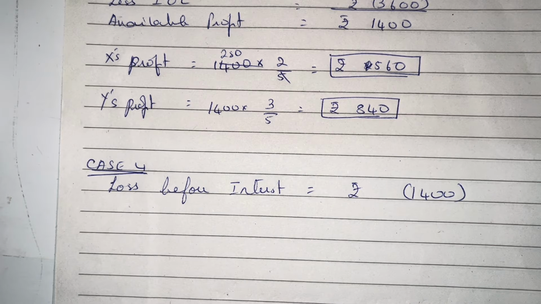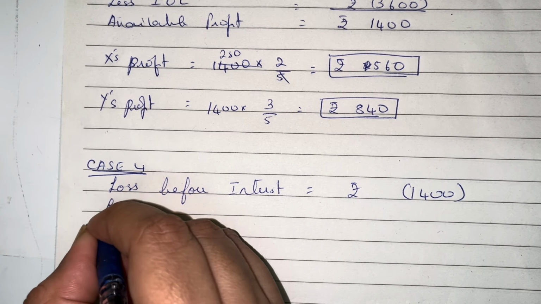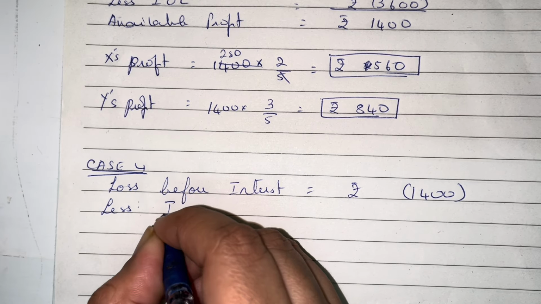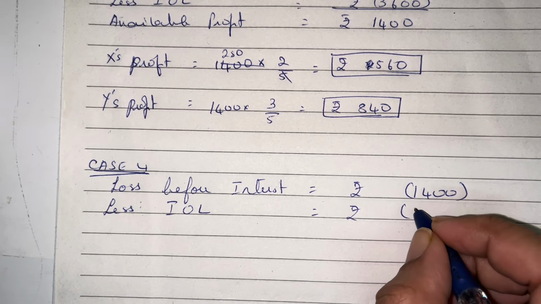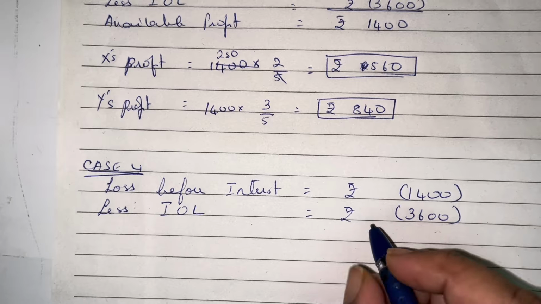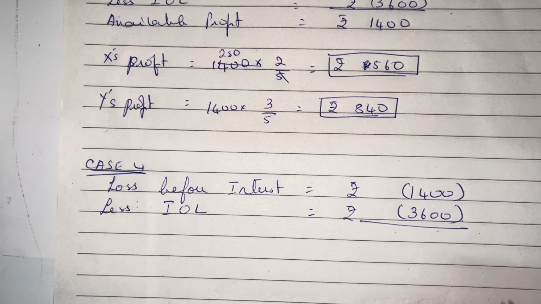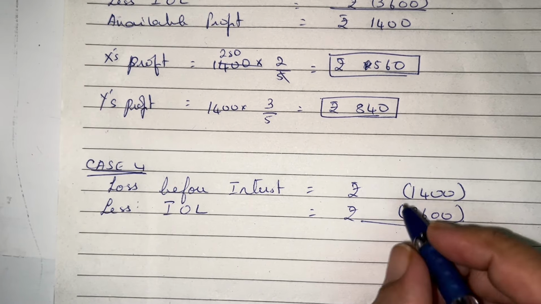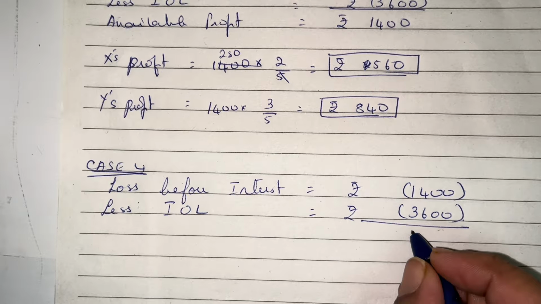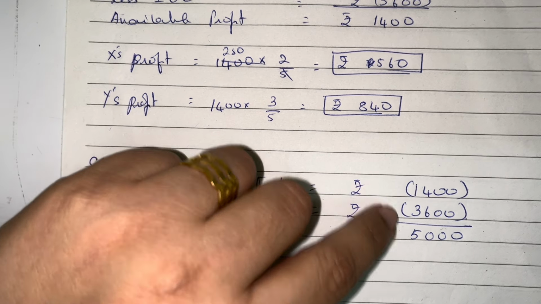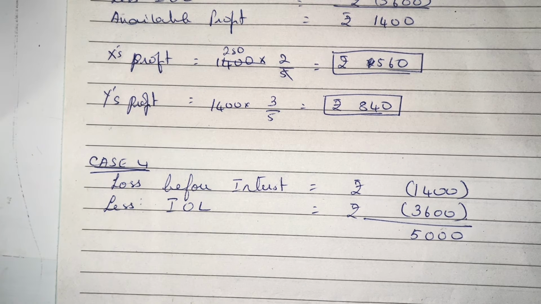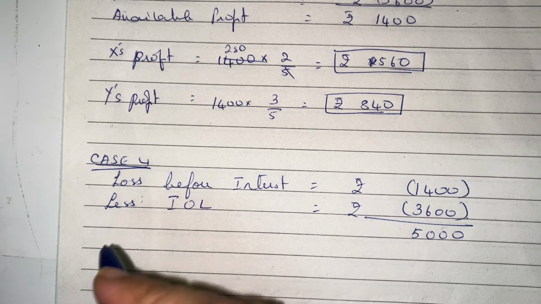Since it's a loss, we are writing it in brackets, less interest on loan. This would again be a negative figure, right? 3,600. So minus into minus becomes plus. Okay, so we have a total loss of rupees 5,000. When we have loss on both the sides, we have to add both the losses.